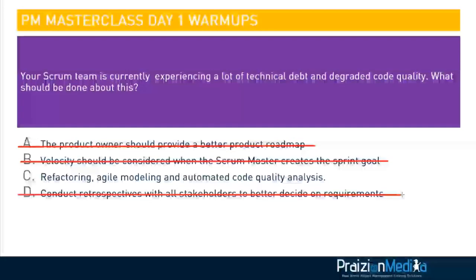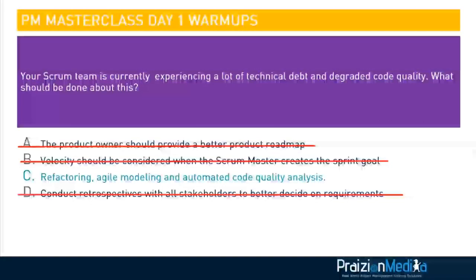Let's read option D. Conduct retrospectives with all stakeholders to better decide on requirements. Well, could retrospectives help better understand requirements or better decide on them? They could, but it's definitely not with all stakeholders.